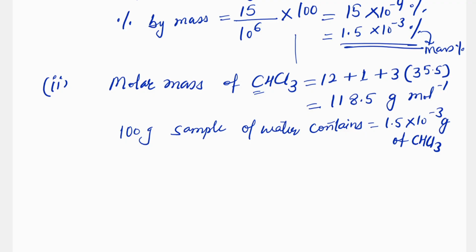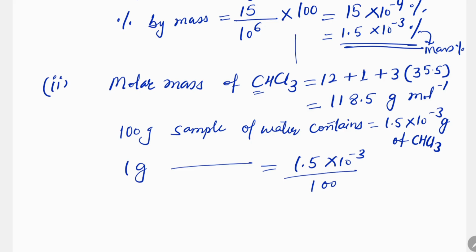So if this much is present in 100 gram, then what is present in 1 gram? 1.5 into 10 raised to power negative 3 divided by 100.